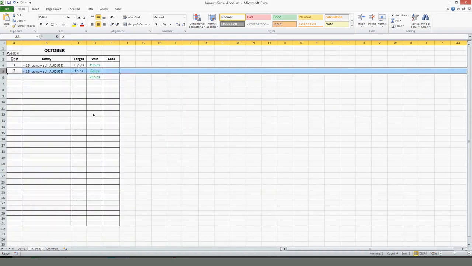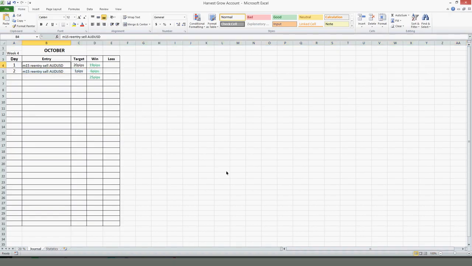Okay, so when you're doing this, then obviously your entry should be at M15 or H1. Let's just say, for example, that on a daily basis on week 4, I did an entry at M15. I sell AUD USD, and I earn about 20 pips.